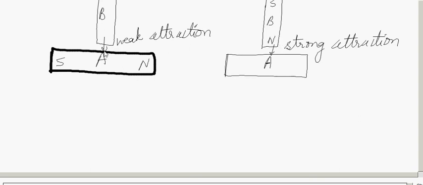If the force of attraction between the two bars is small, then bar B is an iron bar because it experiences a small force, because we keep this at the center of bar A, which is a magnet. Hope you understood this.